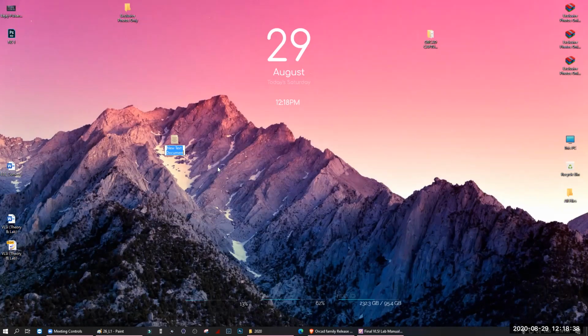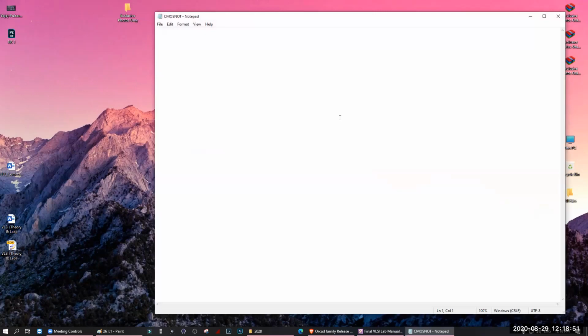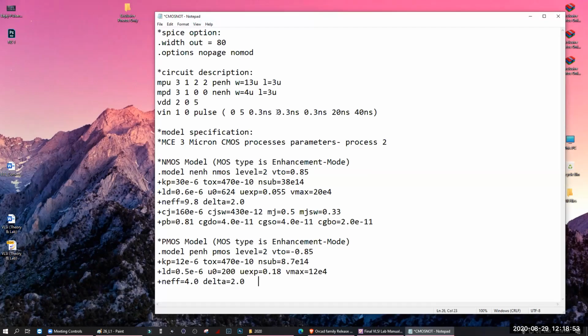Let's say CMOS not, no space. Control V. So I copied some of the part.